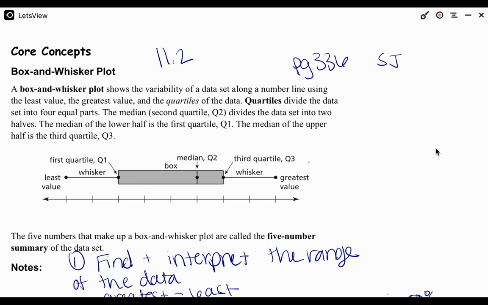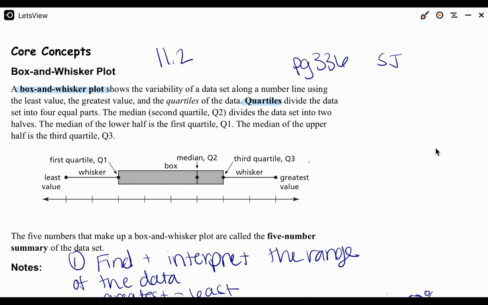So we have our box and whisker plot. It shows the variety of different data along with our number line, and we can see our least value, our greatest value, and then we have different quartiles. A quartile is something that divides the data into 4 equal parts.